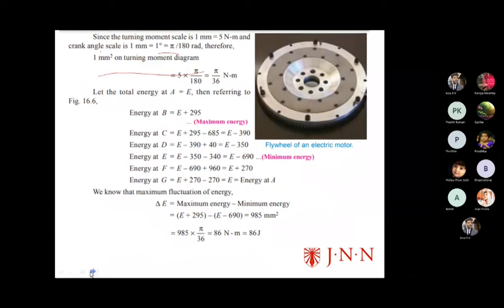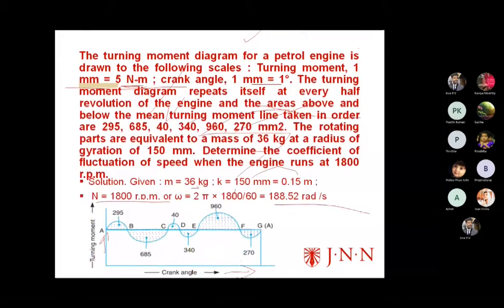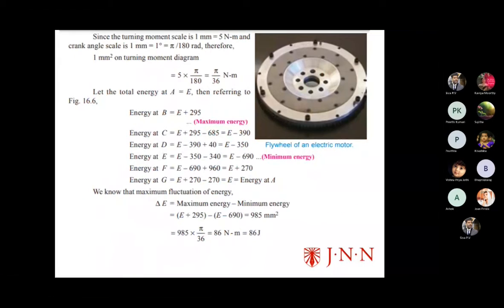Don't get confused. Since the turning moment scale 1 mm is given as 5 Newton meter, and the crank angle 1 mm equal to 1 degree, 1 mm square on the turning moment diagram is equal to 5 into pi by 180, which is pi by 36 Newton meter.